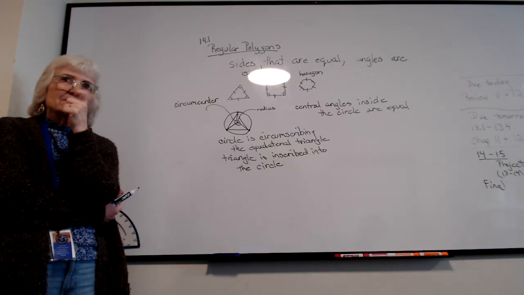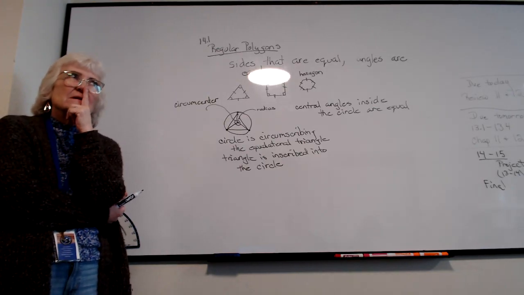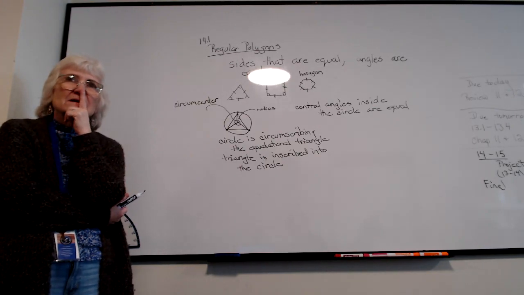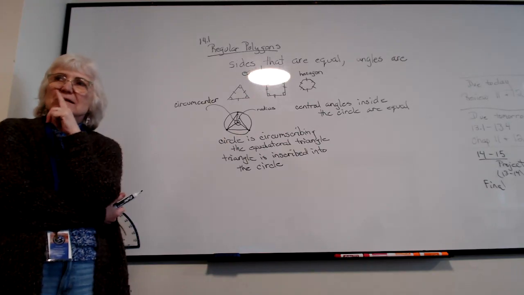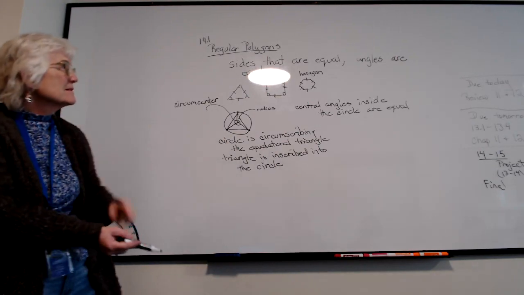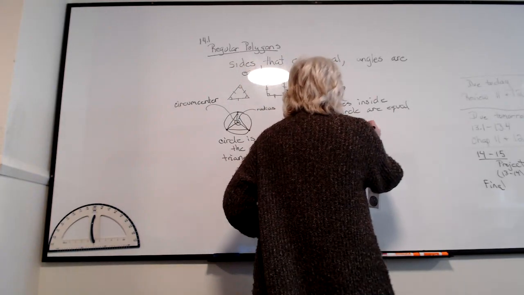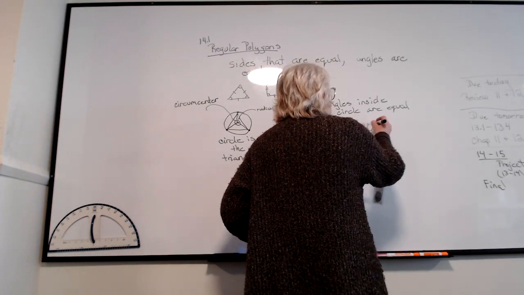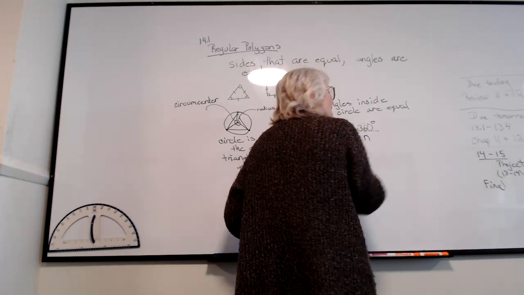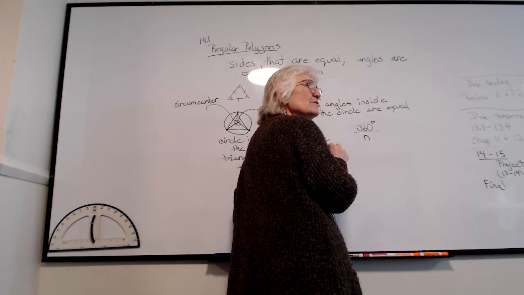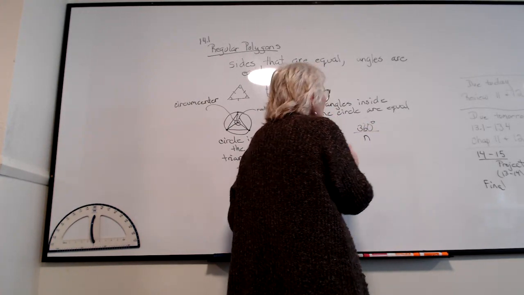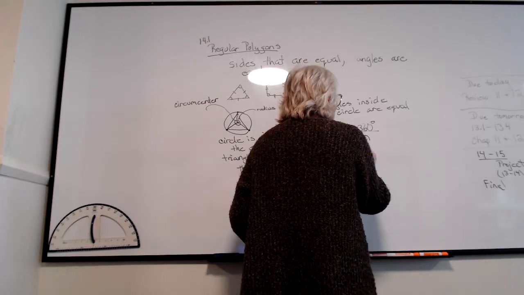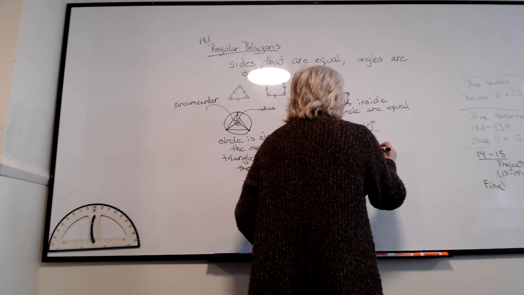It's not an inscribed angle. Oh, 360. They're all 120. It is. It's 360 degrees divided by n. Okay guys, get used to us using n. It's the number of sides.